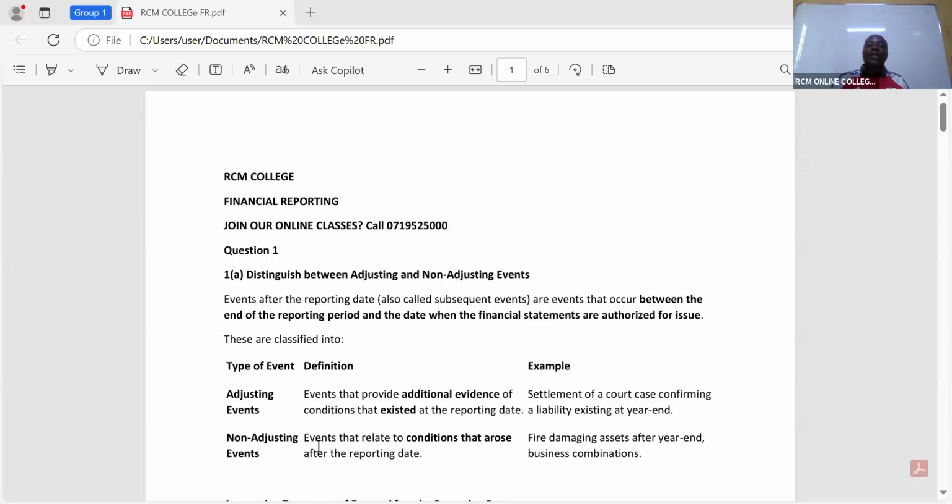All right. Now, there are also events that we call non-adjusting. These are events that relate to conditions that arose after the reporting date. If the event has arisen after the reporting date, it was not there earlier on.